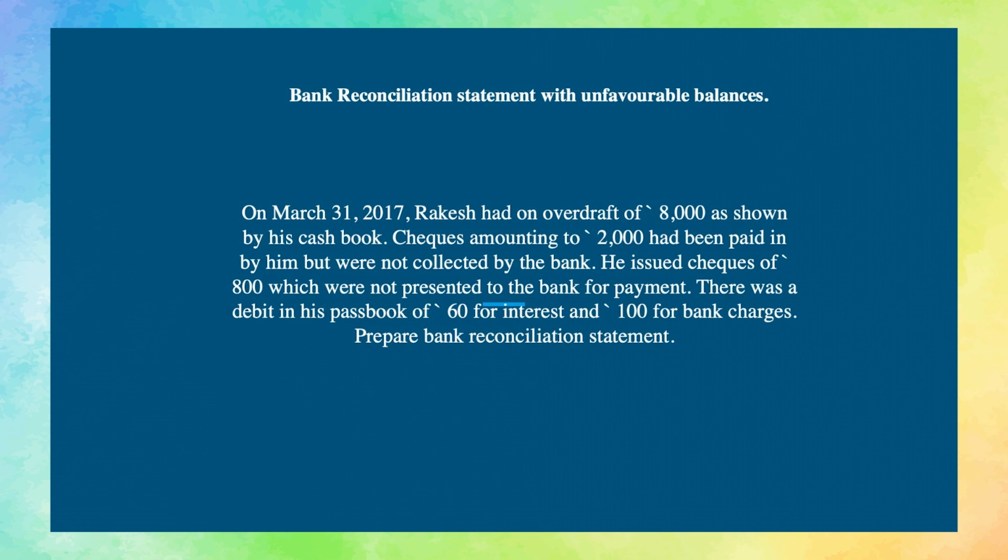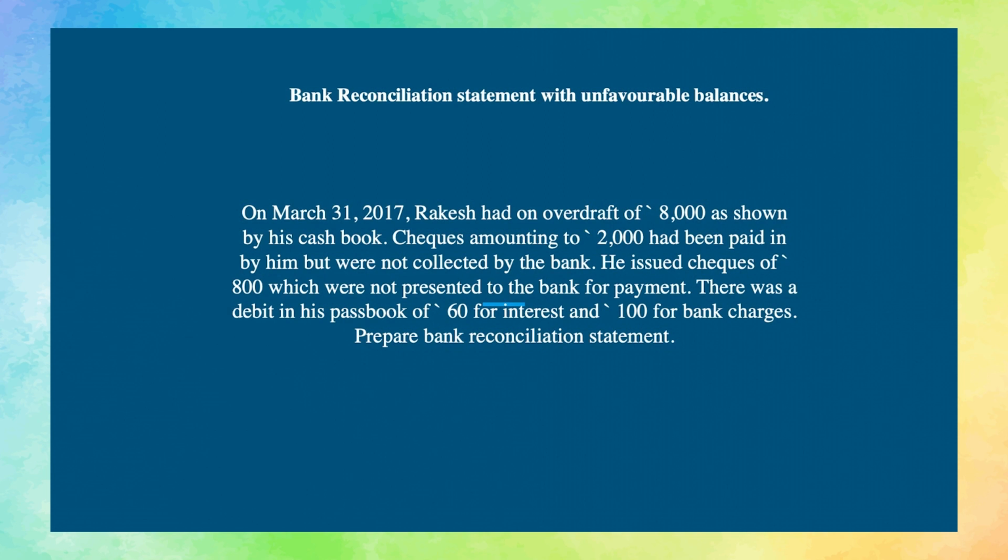On March 31st, 2017, Rakesh had an overdraft of 8,000 as shown by his cash book. Checks amounting to 2,000 had been paid in by him, but were not collected by the bank.